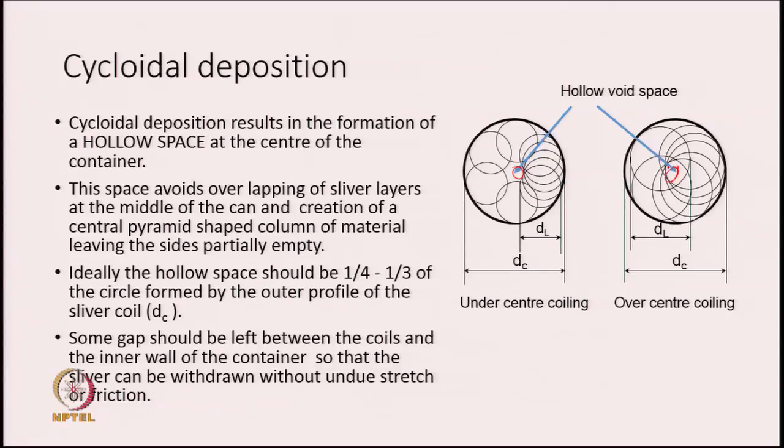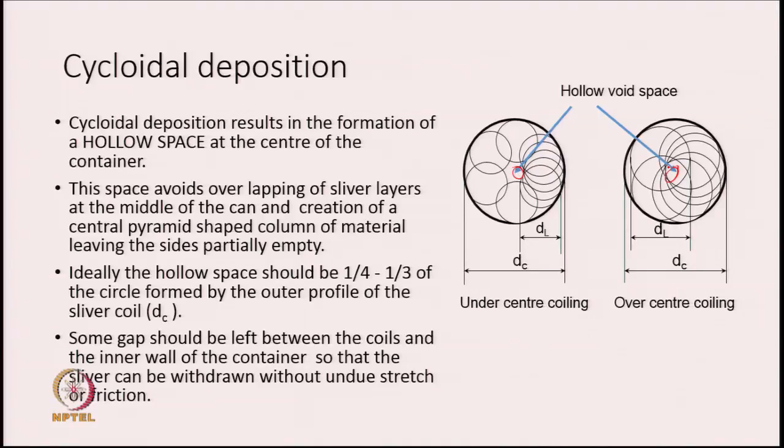This space avoids overlapping of sliver layers at the middle of the can and the creation of a central pyramid shaped column of material, leaving the site partially empty. This is the purpose for the creation of the hollow space.